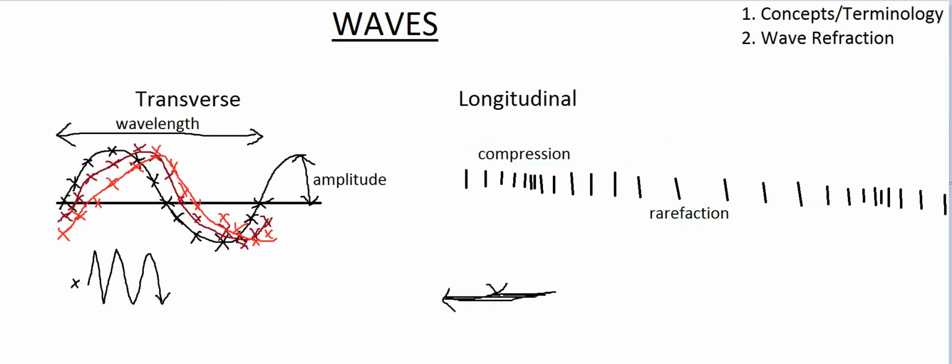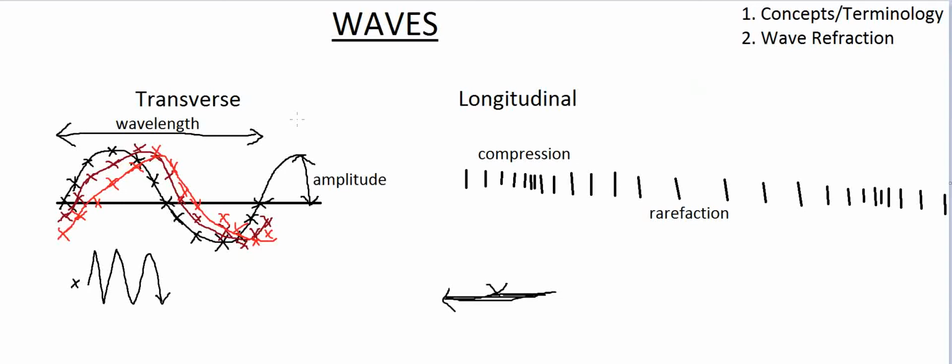Imagine just now all the people standing in a line, moving back and forth, back and forth, and back and forth like this. That's how the particles of a longitudinal wave move, right?